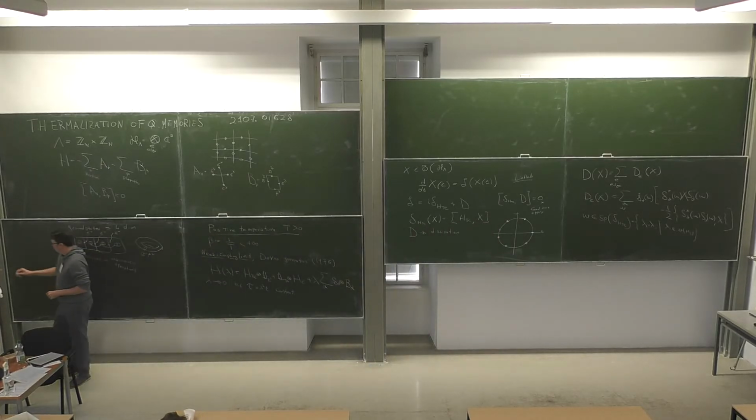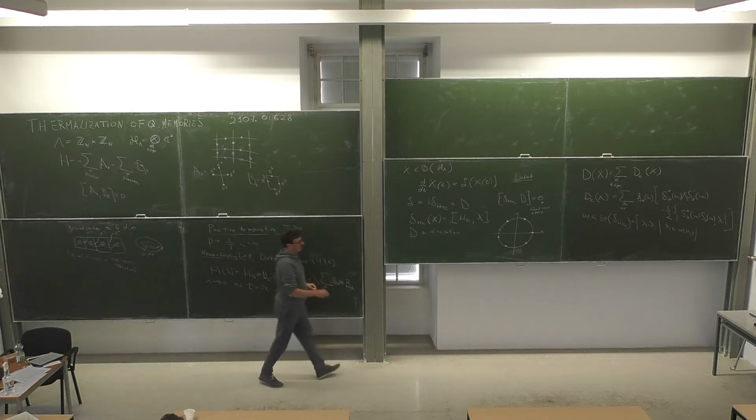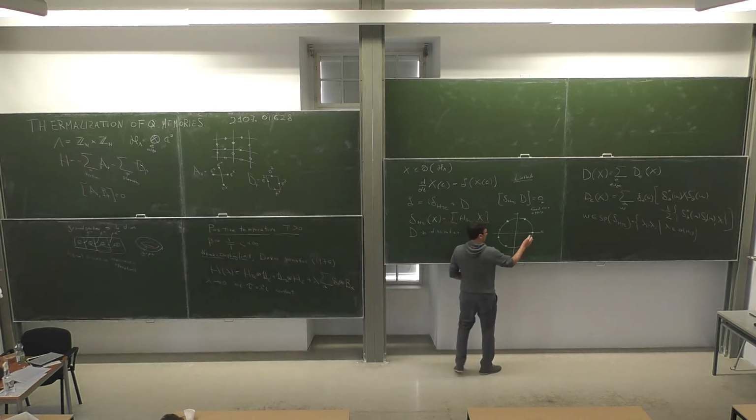And then the spectrum of the dissipative part is also contained in the disk. And most of it will be in a smaller disk, except for a fixed point, which is 1, and this is what people call the gap.